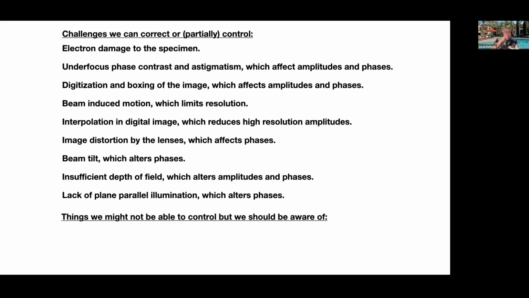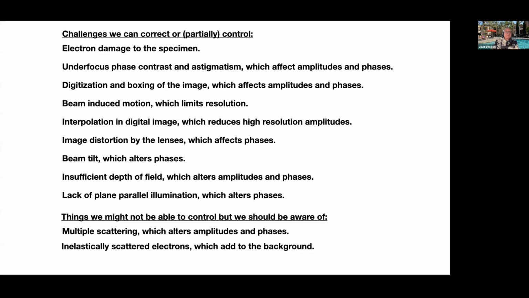Now, here are some things that we might not be able to control, but we should be aware of. Multiple scattering within the sample alters amplitudes and phases. Inelastically scattered electrons add to the background, and of course the energy filter helps with that. And lack of coherence of the electron beam limits resolution.